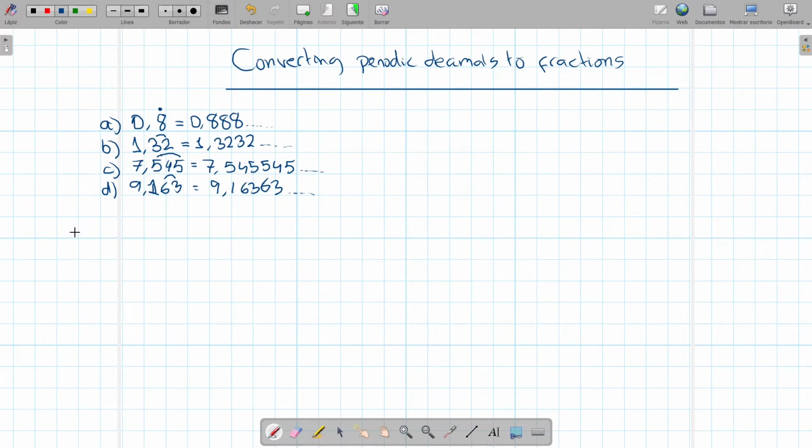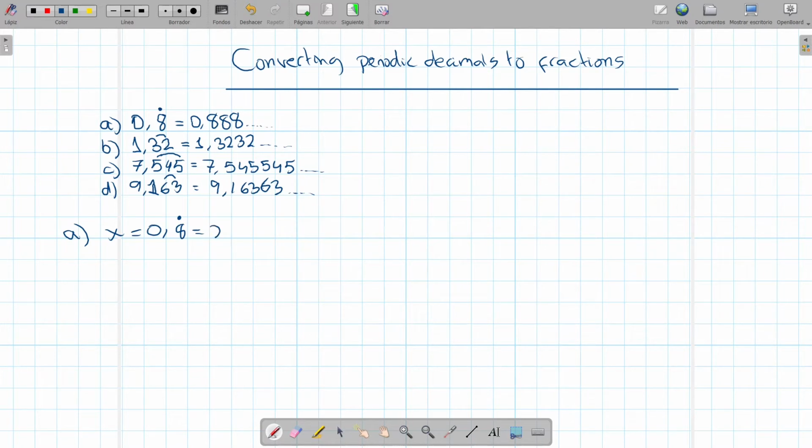So let's give you the method in the first example. We're going to call x whatever number they give us. Then the next step in the method is that we're going to multiply this x by 10 as many times as we need to get one of the series that is repeated, in this case the 8, to the left of the decimal symbol.